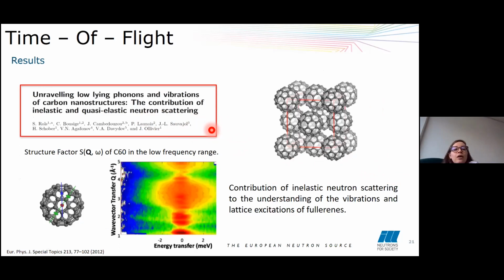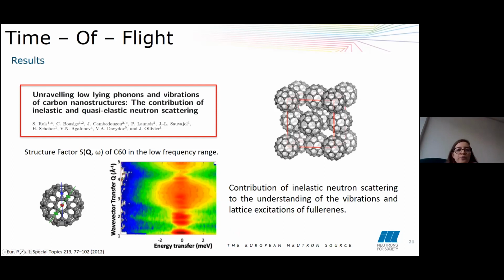So here is an example of the structure factor obtained for fullerene. And as I said, time of flight allows us to obtain this map of Q omega, which is very helpful if you don't know exactly what you're looking for yet. And this information can then be rationalized with theoretical calculations.